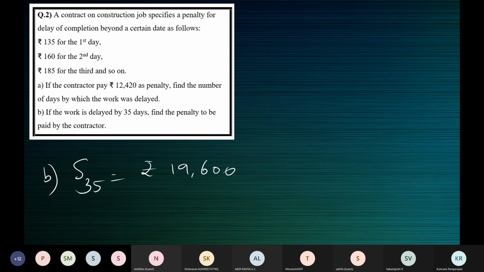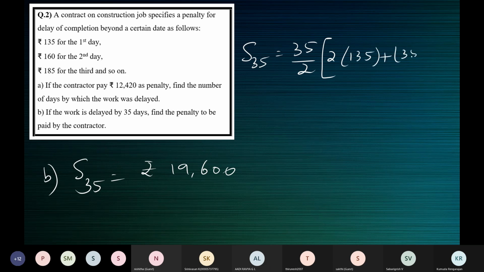Yes, ma'am. If you have this as your first step, you're right. After the formula Sn, maybe you've written the formula first. After that, S35 is equal to this one.